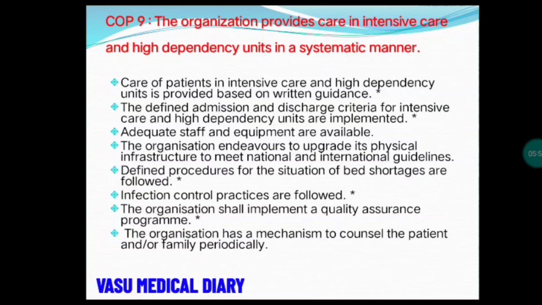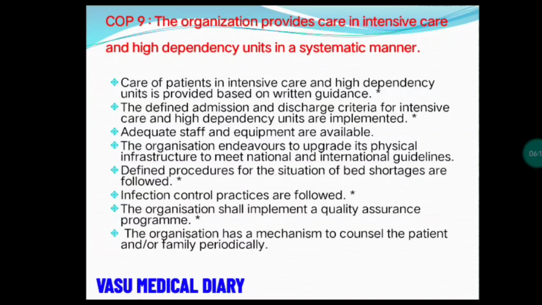Adequate staff and equipment should be available in ICU and HDU. And the organization endeavors to upgrade its physical infrastructure to meet national and international guidelines, and procedures for the situation of bed shortage are defined and followed. In case of bed shortage, what are you going to do with the ICU and HDU patients? For that, there should be some policies.